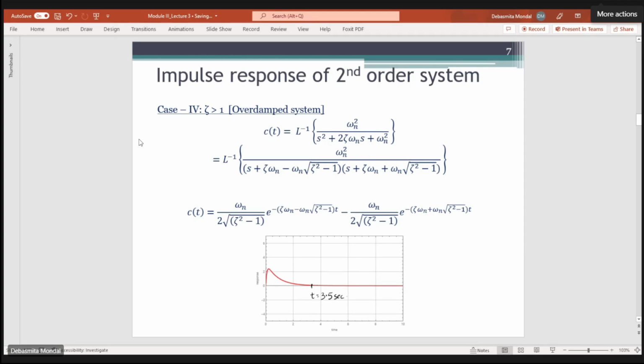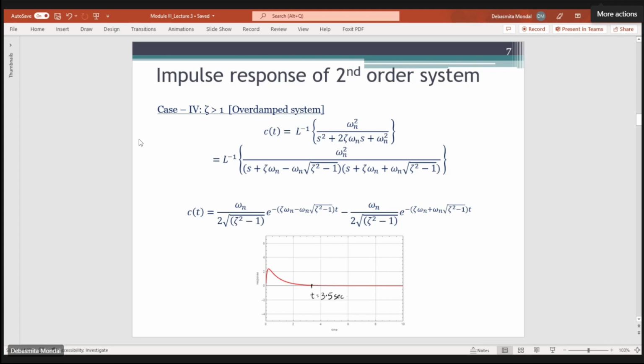So the only difference is that the time taken to reach the steady state is minimum in a critically damped system, and more in an overdamped system.